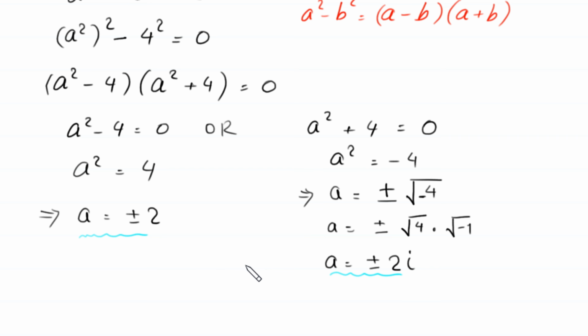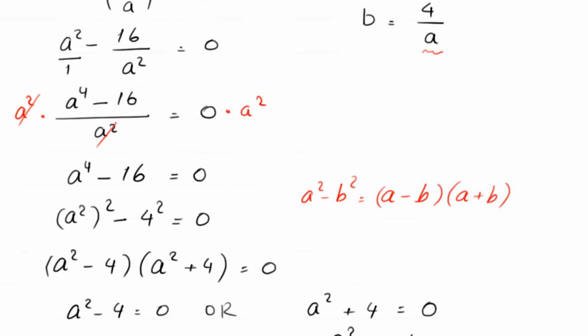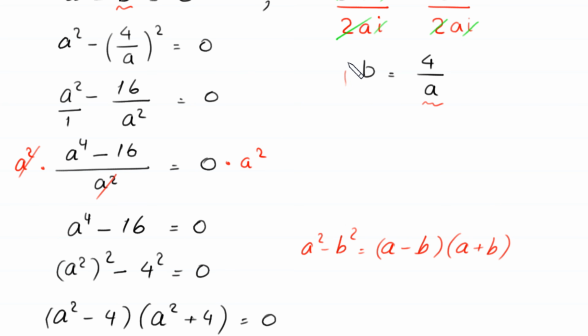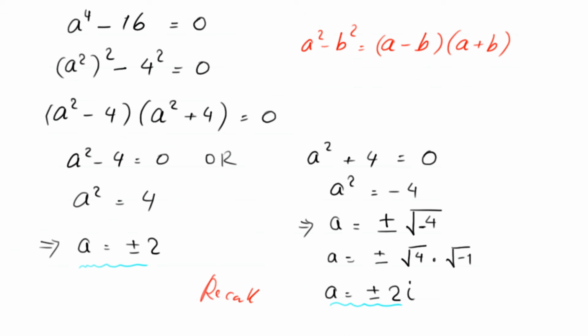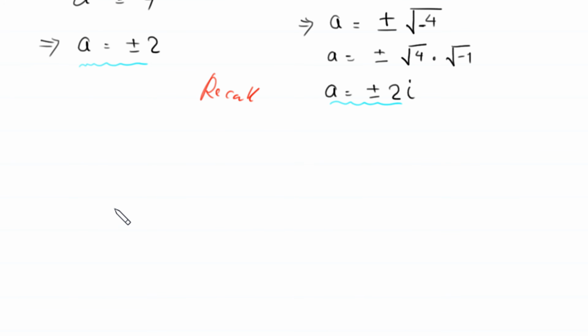To find the values of b, recall that b is equal to 4 over a. First, in this equation we put this value of a plus minus 2.